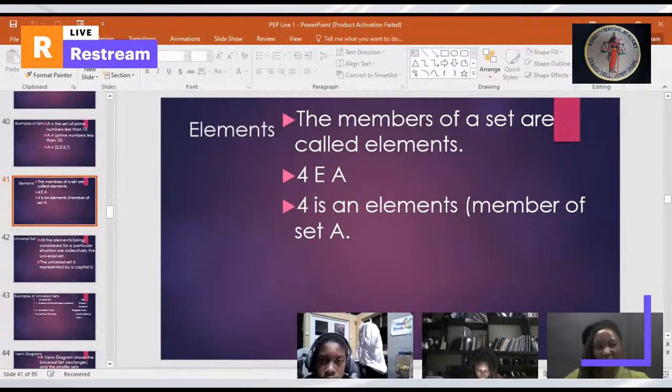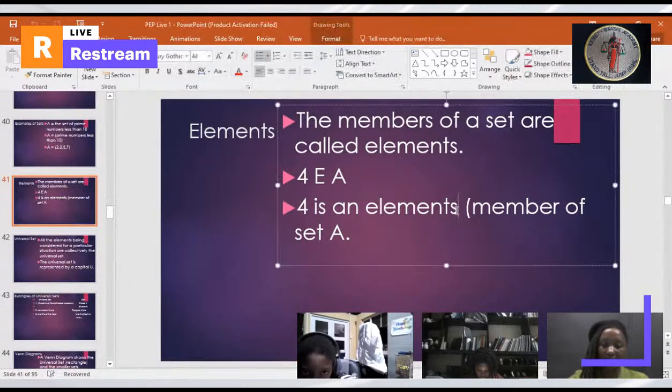It looks like a curved E. It's not a capital E like the one I have here, it's more curved. So 4 is an element or member of the set A.